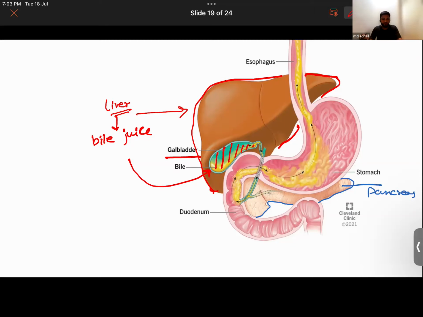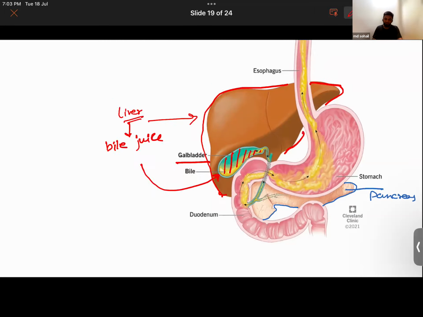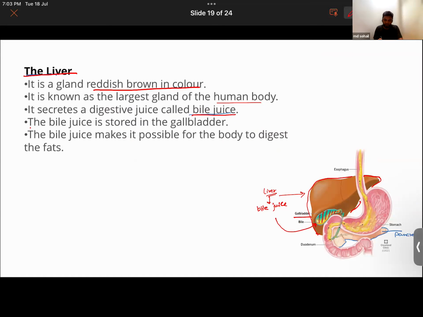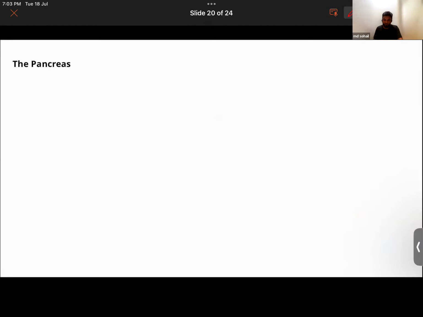Remember this, guys. And from the gallbladder, the bile juice is secreted into the small intestine, right? No confusions. And if a question is asked which juice makes our body able to break down the fat, then it is the bile juice. Okay, then let's move ahead.